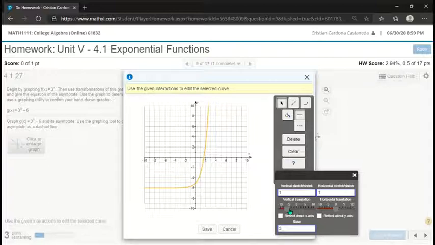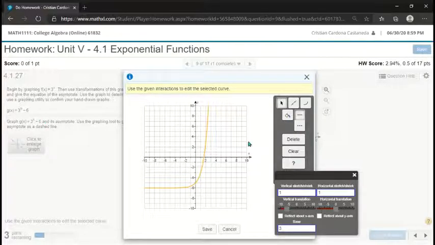Then I'm going to graph the asymptote, and if you remember, the asymptote is going to be a horizontal line, which is y equals whatever number is being added or subtracted, as long as that number is not in the exponent, right?